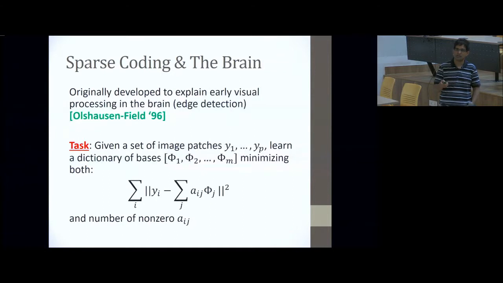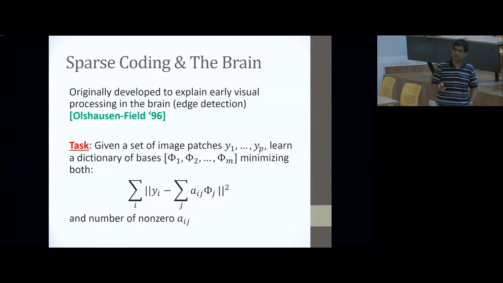Olshausen and Field, in a neuroscience paper, wanted to explain early visual processing in the brain. And in that context, they looked at this computational problem. You're given this set of image patches y1 through yp, and you want to learn a dictionary of bases, phi1 through phi m, such that you minimize the distance, which is exactly the matrix vector product I told you about earlier.